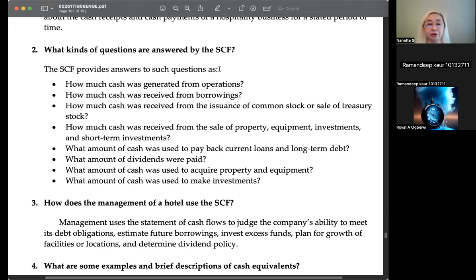So you can use your statement of cash flow to generate all these reports.